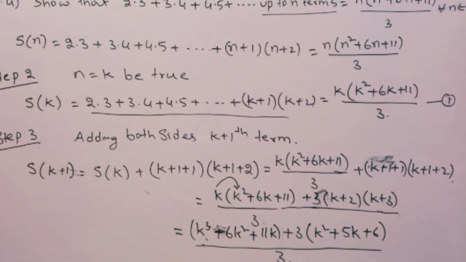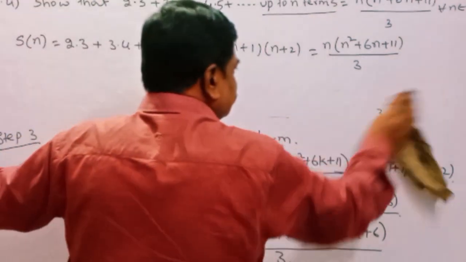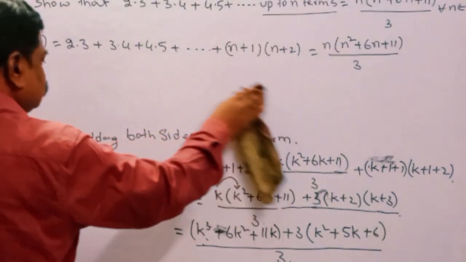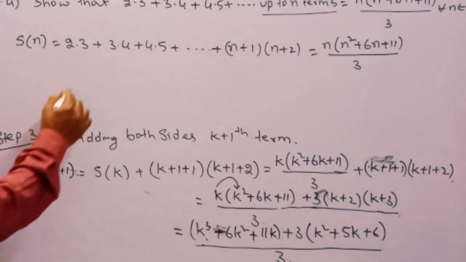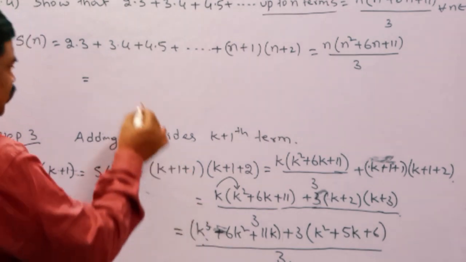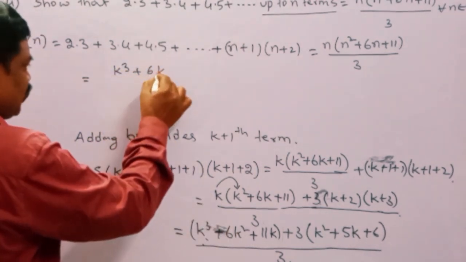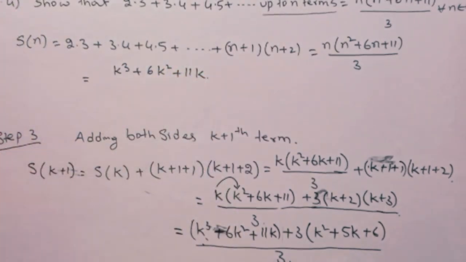Okay, all of you. Then you have to write this as k cube plus 6k square plus 11k.